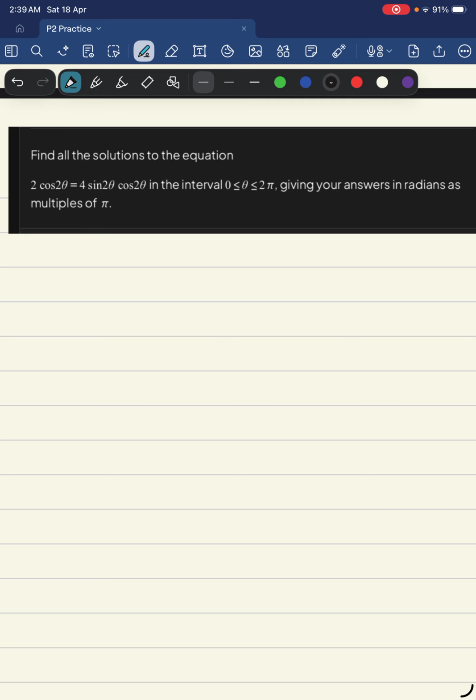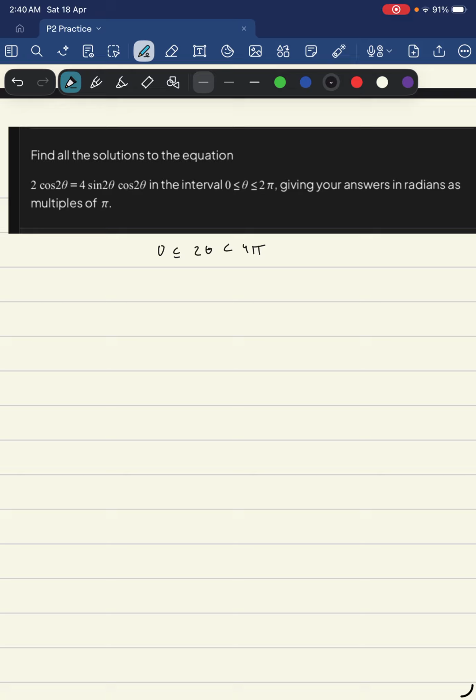First of all, since it's 2 theta, you need to adjust the range. 2 theta, and then 2 pi times 2, which would be 4 pi. What I like to do is convert it into degrees because that's what I prefer, but don't forget to convert it back into radians once you're done.